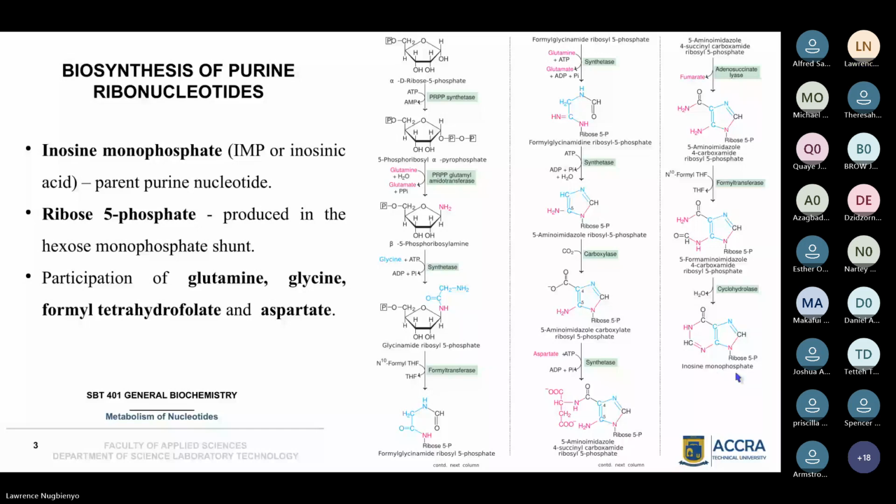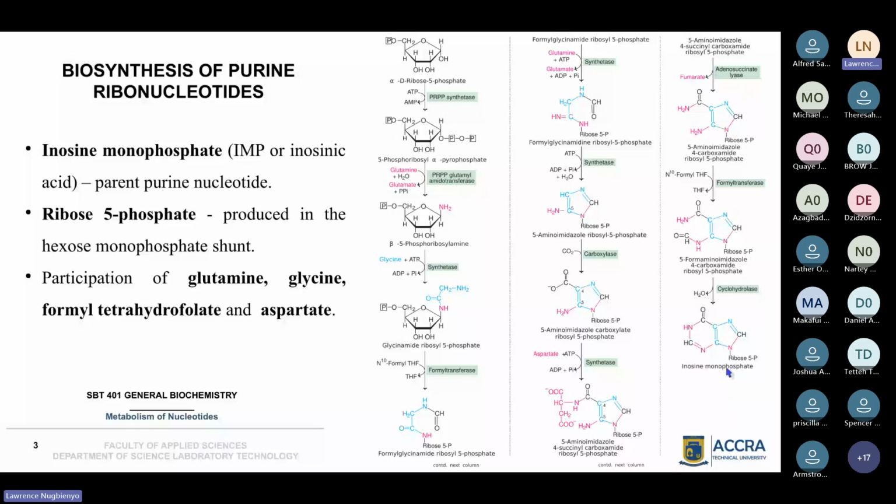And the synthesis of that inosine monophosphate is done with the participation of 3 amino acids, aspartic acid, glutamine, and glycine, in addition to tetrahydrofolate.